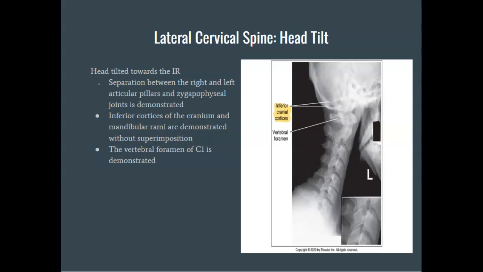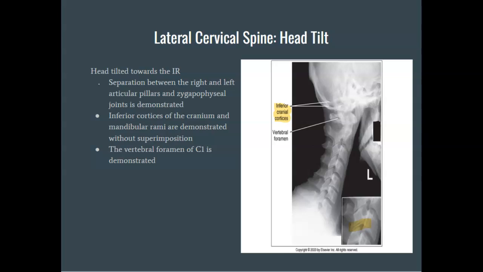Again, we can tell that this is tilt rather than rotation, because the separation of the right and left articular pillars and zygapophyseal joints is demonstrated superiorly and inferiorly. They give this little double line look here, whereas when it's anterior to posterior, the zygapophyseal joints move away from each other, or the articular pillars move one anterior to the other.